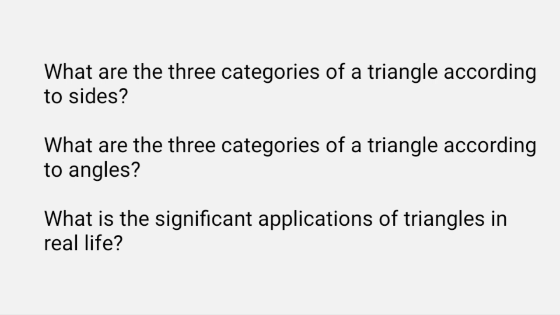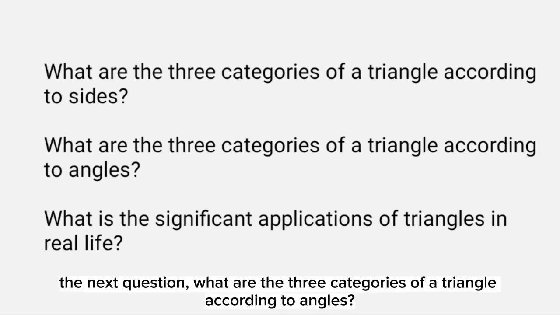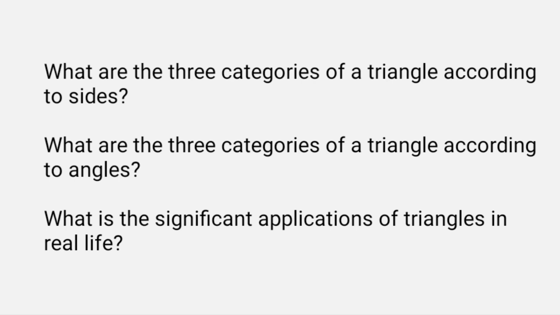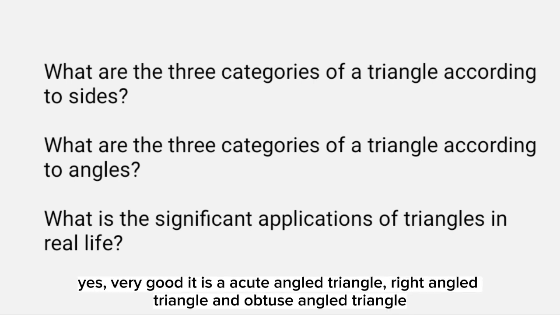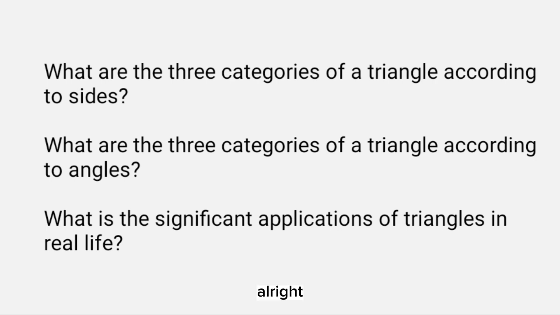Very good. The next question is, what are the three categories of a triangle according to its angle? Yes, very good. It is acute angled triangle, right angled triangle, and obtuse angled triangle. Alright, very good.